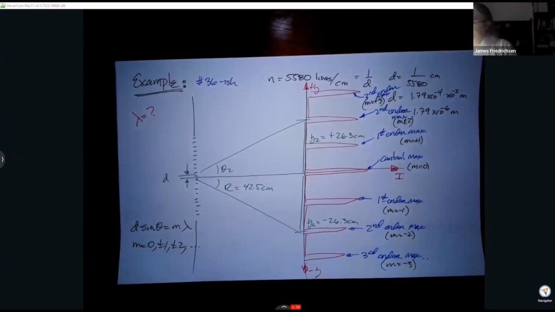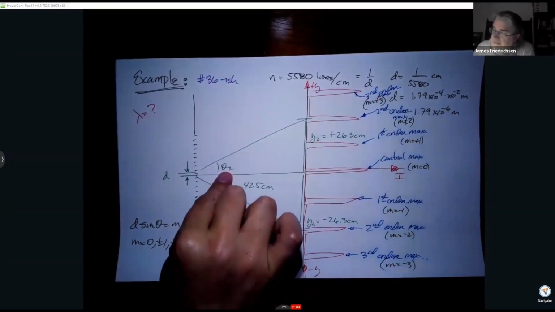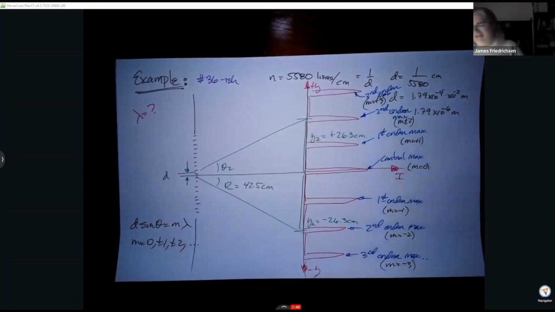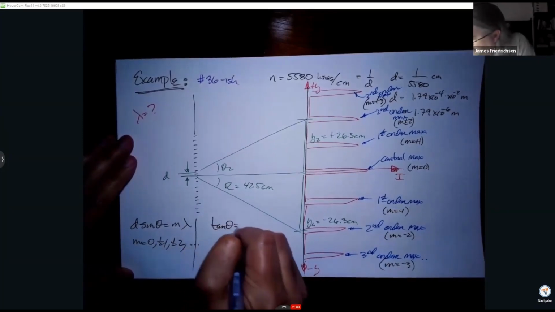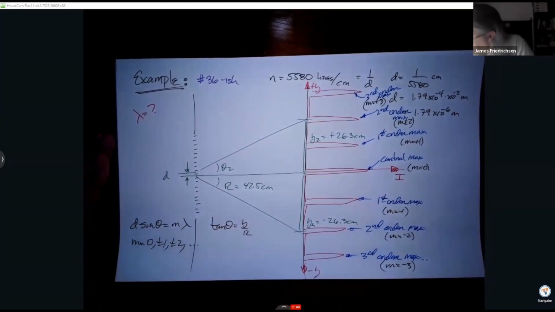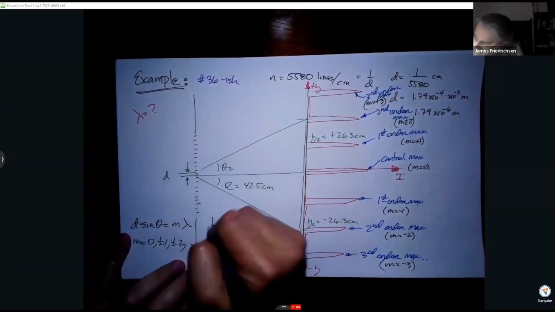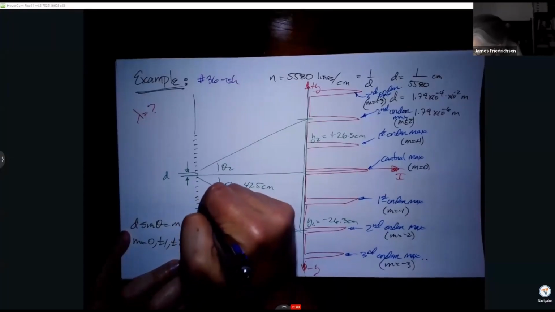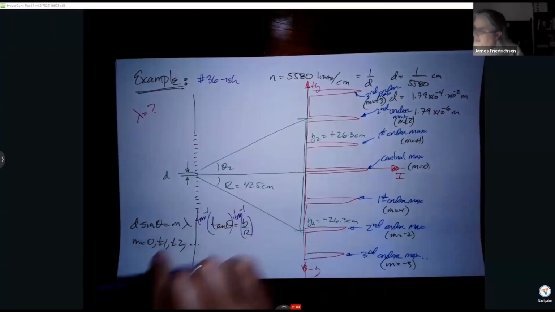So first thing they want, what's our wavelength? Okay. And so since we know the y and we know the r, we can get the theta because we have that same tangent of theta is y over r. So we can get the theta, take the inverse tangent on both sides. Now, in this instance, these angles are not small.